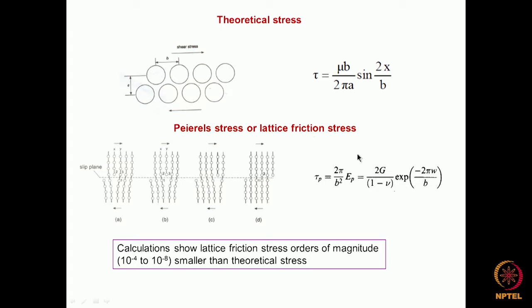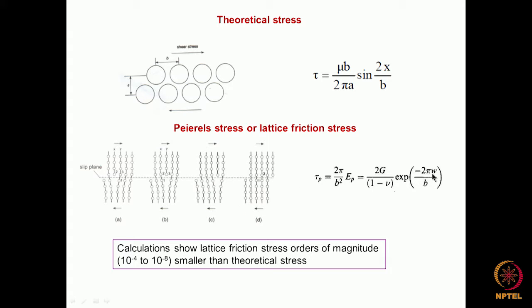If we substitute the values, because here mu is nothing but G, it is the same value. b is the Burgers vector of the dislocation in this case. Here x is essentially the small distance which it is being displaced, and in this specific case w is the width of the dislocation core.